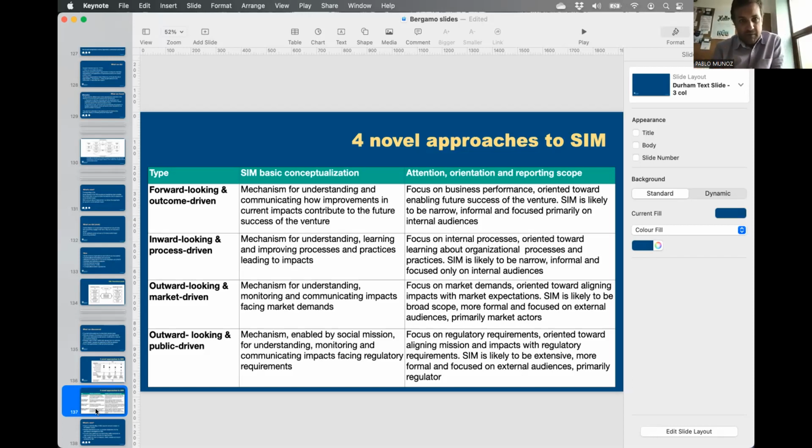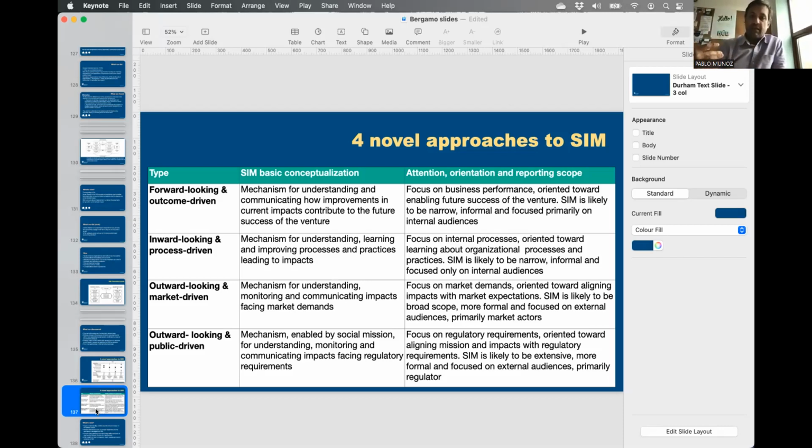When you talk about attention, orientation, and reporting scope, you're giving some recommendation on what to pay attention to, depending on where you want to start with your formalization process. So this table, in spirit, contains a normative framework, right? Because it says you can start by thinking about the future, driven by outcomes.